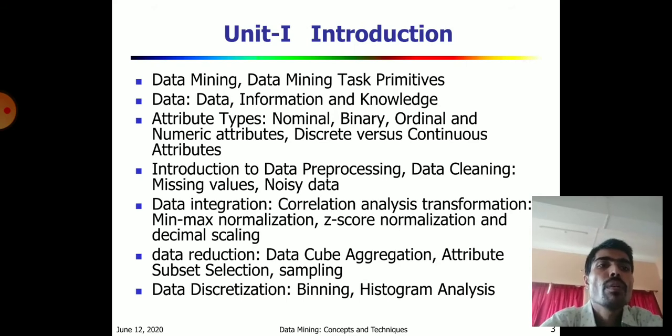So these are the topics that we have to cover in unit number 1, that is the introductory part of data mining.